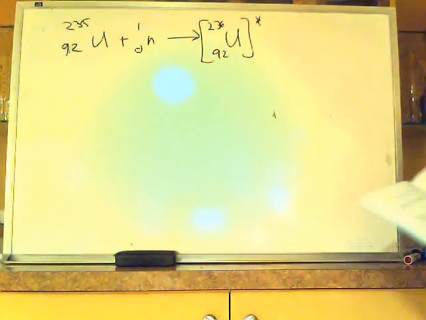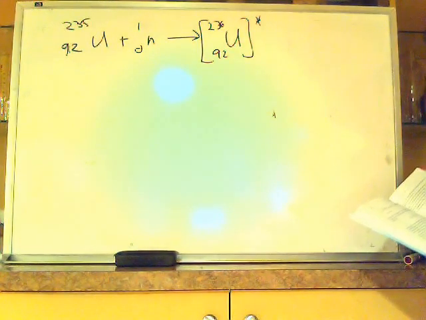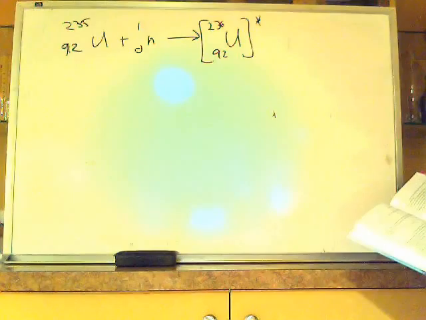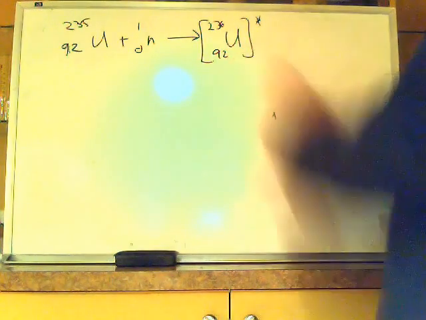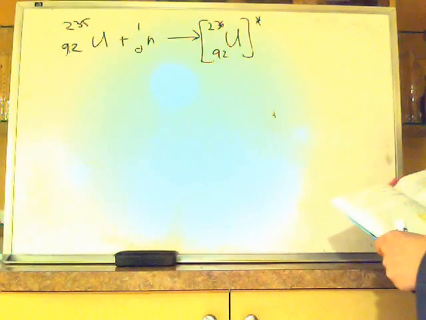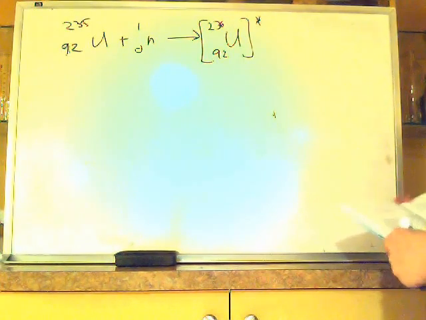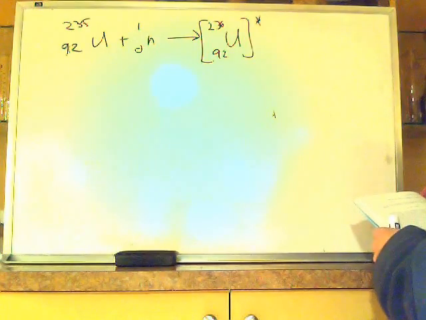And when we do that, we find that we've got 235.043923 plus 1.008665. There's actually that neutron, and then subtract from that the 236, which is the value of this, 236.045562 units, and multiply that by the conversion factor, 931.5 million electron volts per mass unit, and we come up with a value of 6.54 million electron volts.